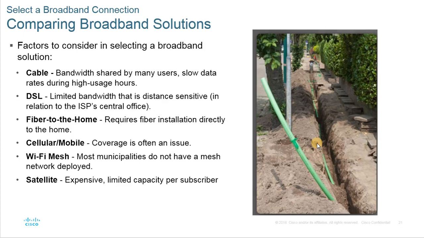Although we have an example, not all cities or municipalities have their own Wi-Fi mesh connection. Then the satellite is expensive from the side of the internet service provider, and has limited capacity per subscriber, because there is a limitation in the channel when it comes to the interconnection between the ISP and the satellite itself.